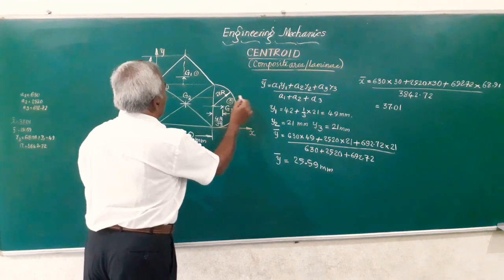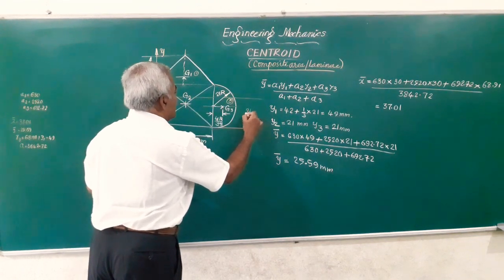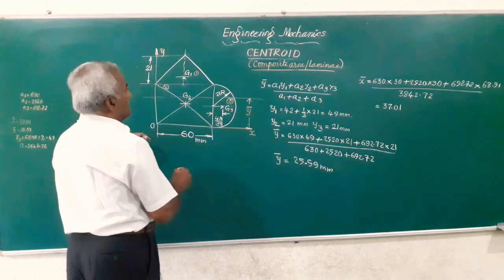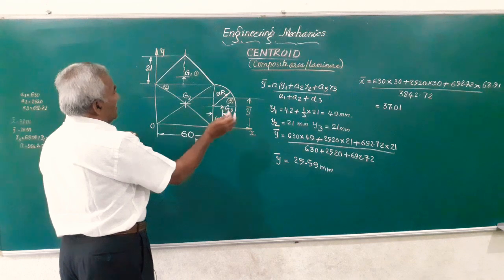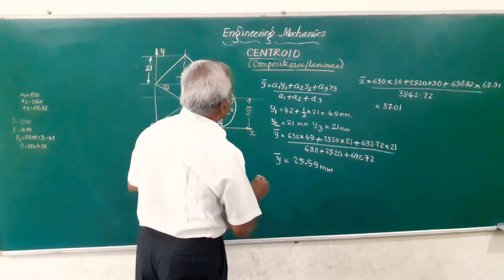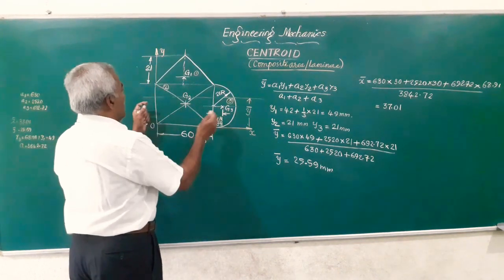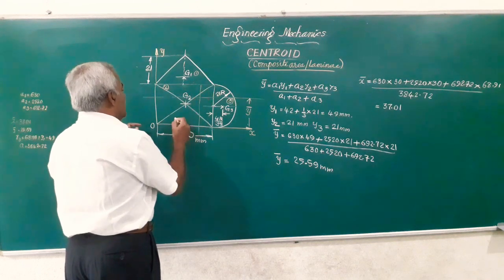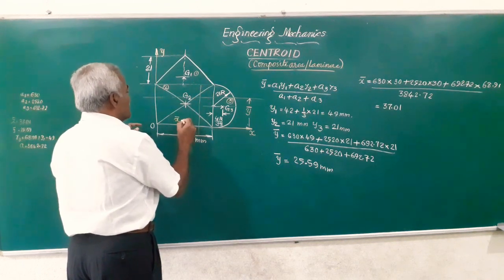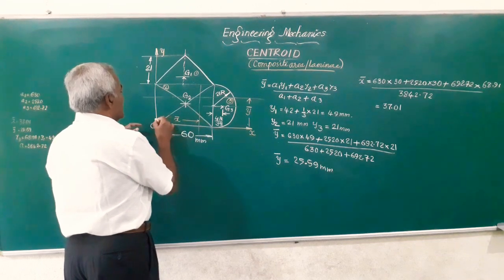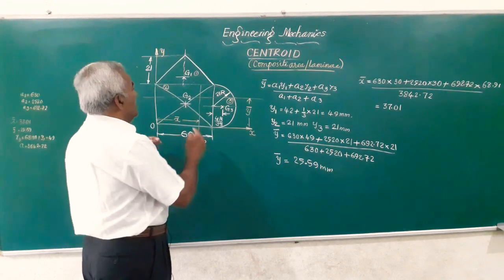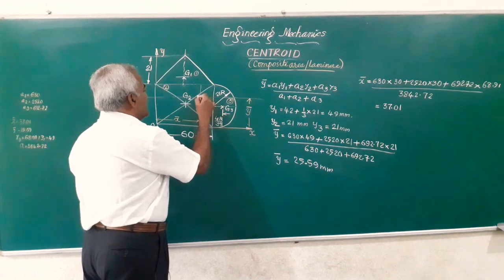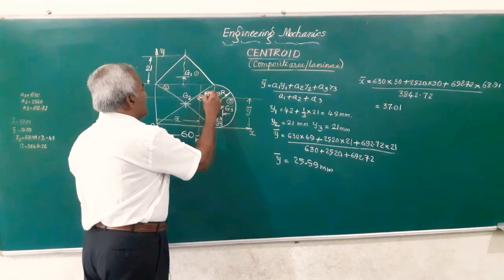I am going to draw a horizontal line to show the distance of the y bar. And x bar is at a distance of 37.01, say somewhere here. This is your x bar value. The point of intersection of this line and this will give you G, the centroid of the whole composite plate.